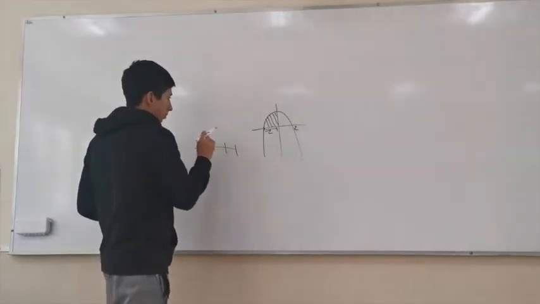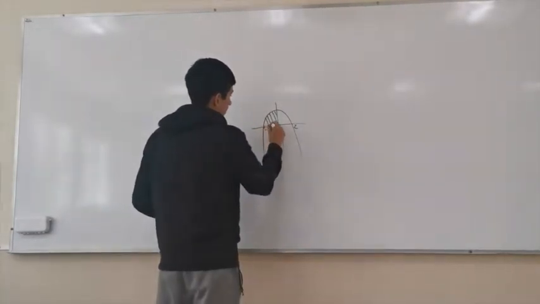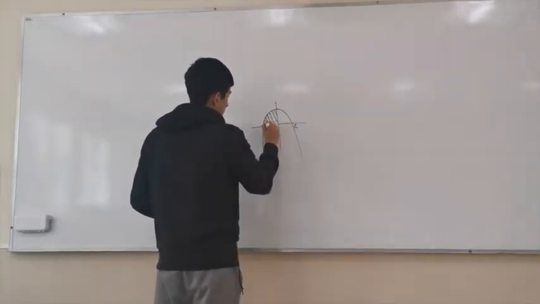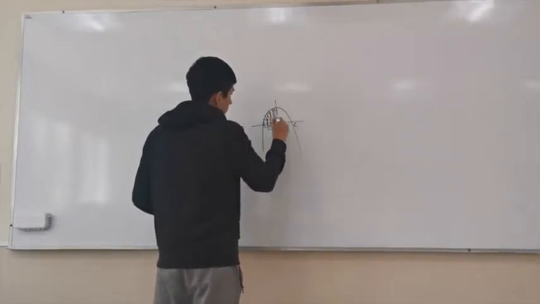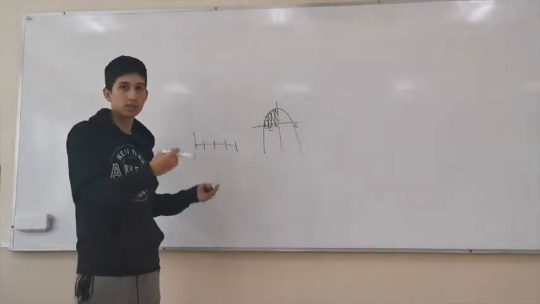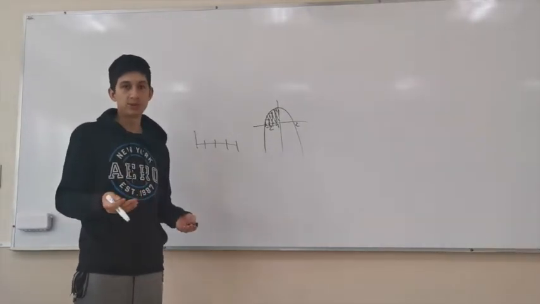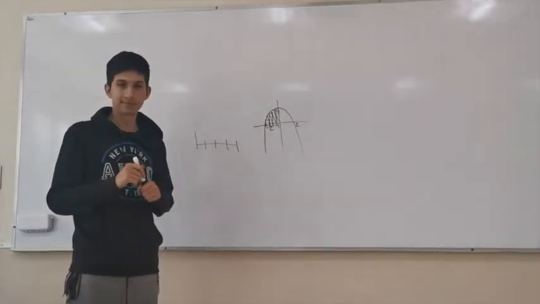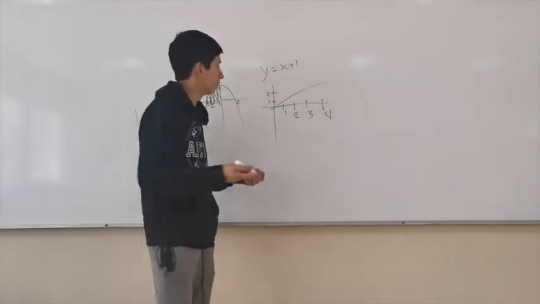When you divide it like this, you make little rectangles, and you get the area of each rectangle. When you have the area of each rectangle, you sum them, and that's how you use Riemann sums. Now I'm going to give you an example of how to use Riemann sums.